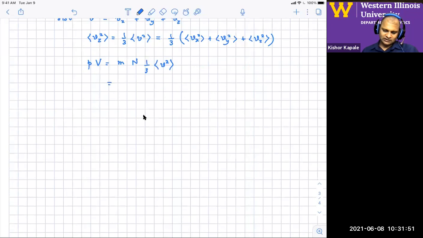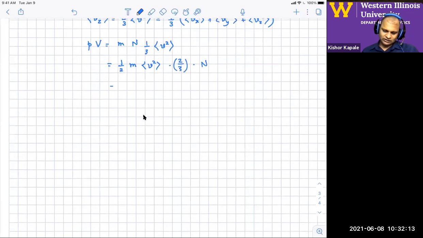That means what we have is half m v squared times 2/3 times n, right? So I'm just rewriting this. That means it's equal to 2/3 n times the average kinetic energy.